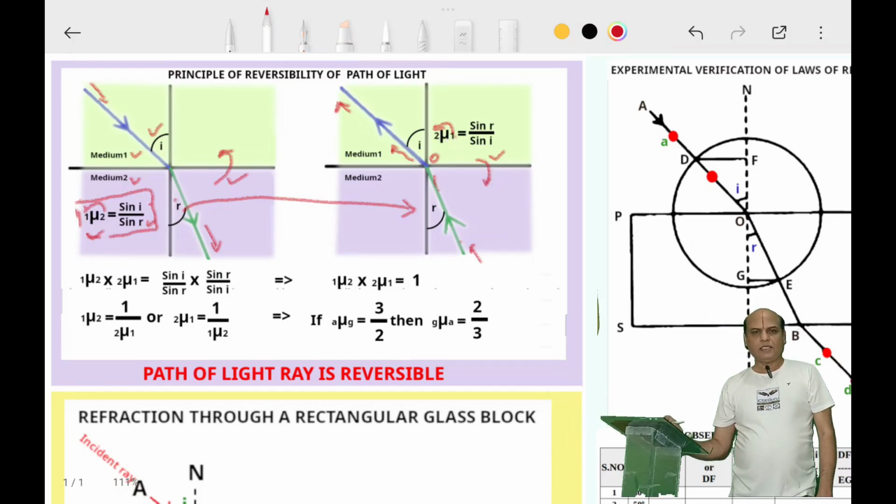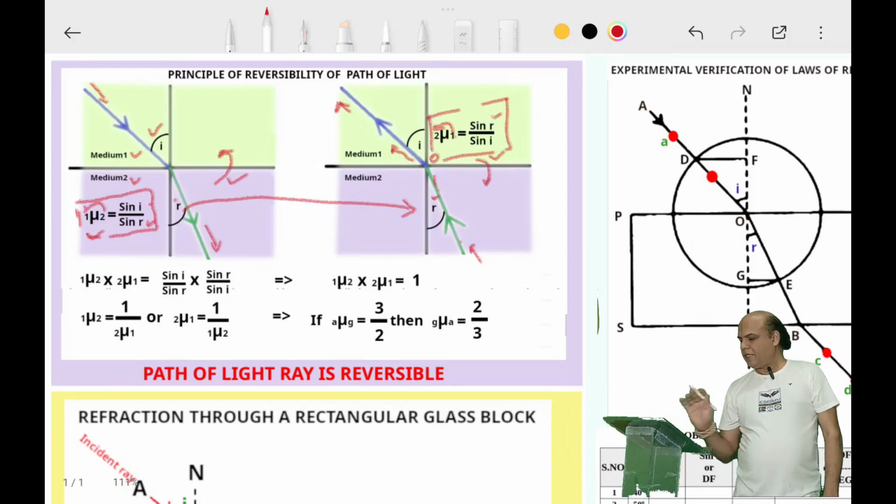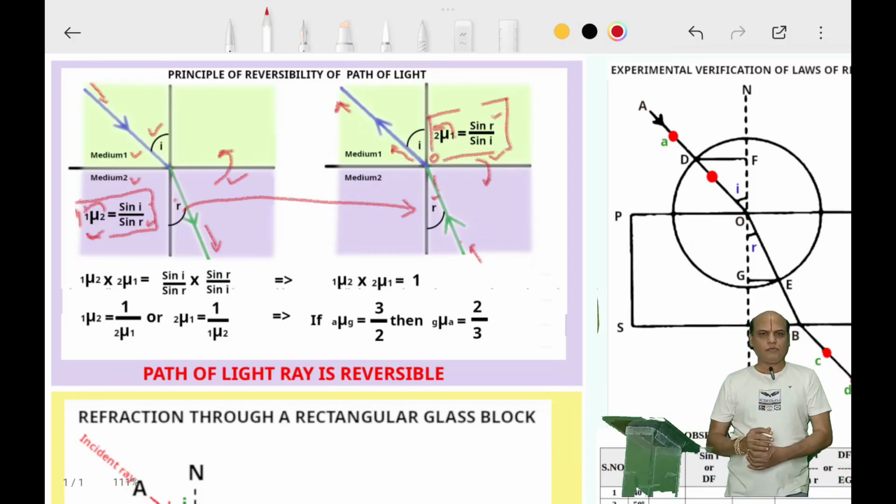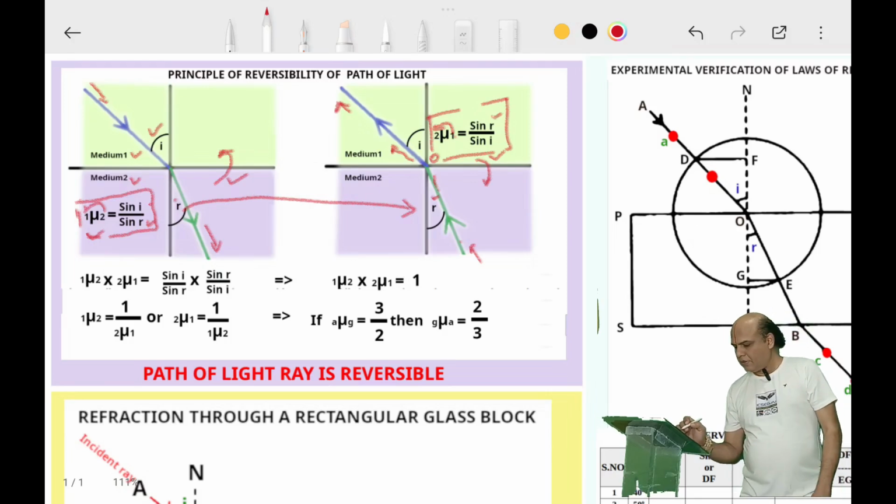As per Snell's second law, again this ratio would be sin of the angle of incidence by sin of the angle of refraction. Here the angle of incidence is R and the angle of refraction is I, so it is sin R by sin I. This is another expression we got. So far so clear?